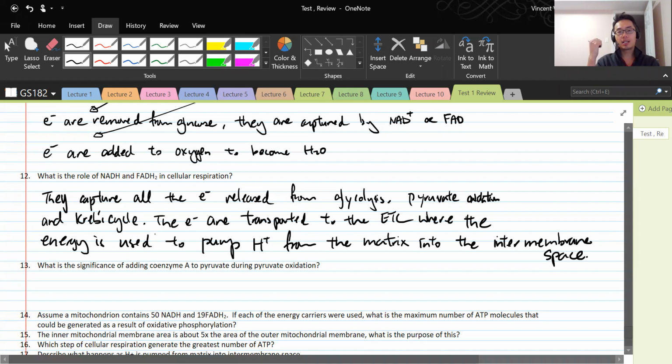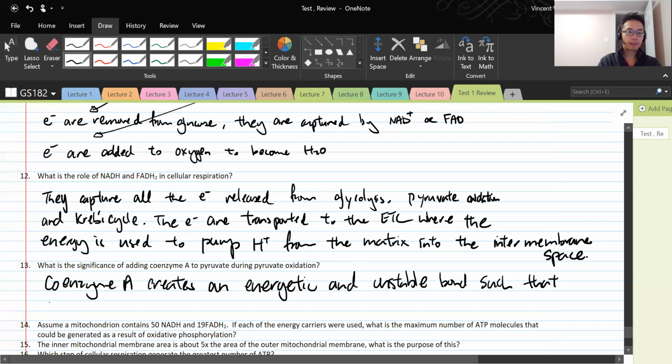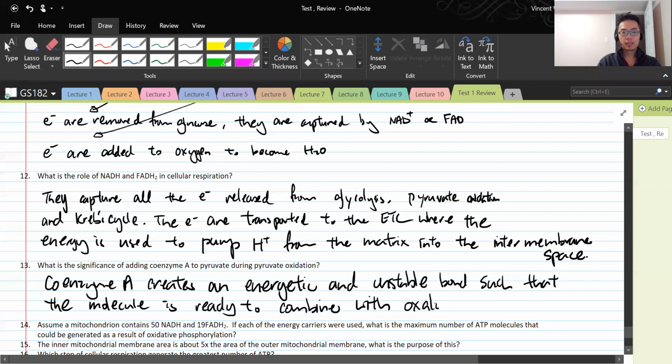You remove a carbon dioxide, you strip some more electrons from it, and then you add a coenzyme A. The purpose of the coenzyme A is that it creates an energetic and unstable bond such that the molecule is ready to combine with oxaloacetate in the Krebs cycle.